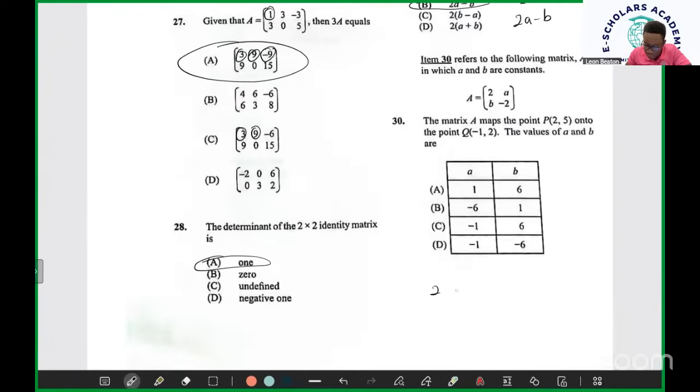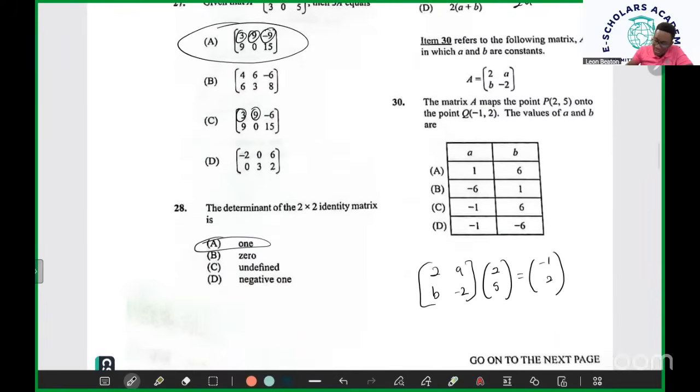So this will be the matrix 2A, B, negative 2, and it maps the point 2, 5 onto negative 1, 2. This is a 2 by 2 and this is a 2 by 1.